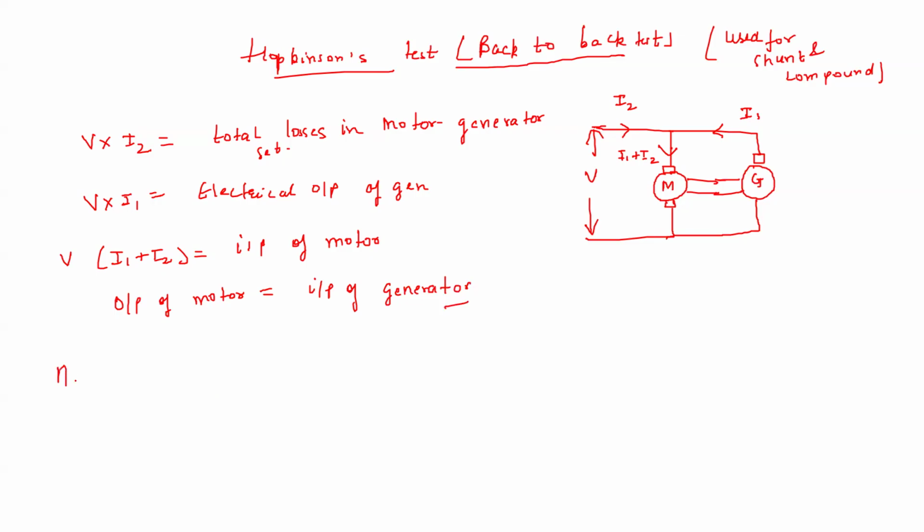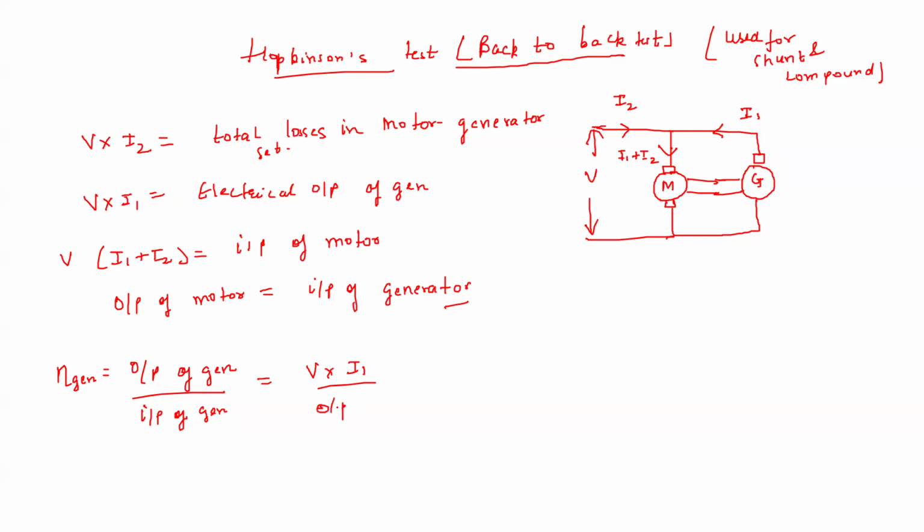So what is the efficiency of the generator? Efficiency of the generator is output power of the generator divided by input of the generator. Output of the generator is V into I1. And input of the generator is the output of the motor.